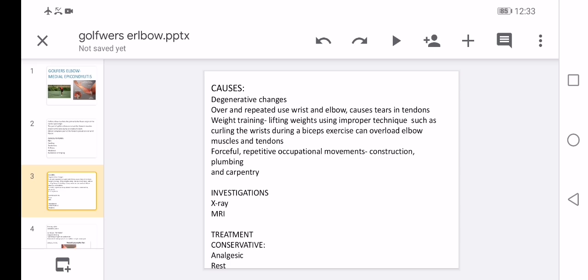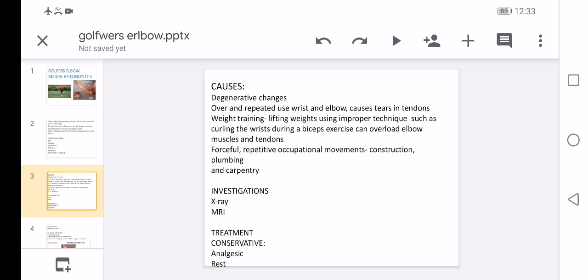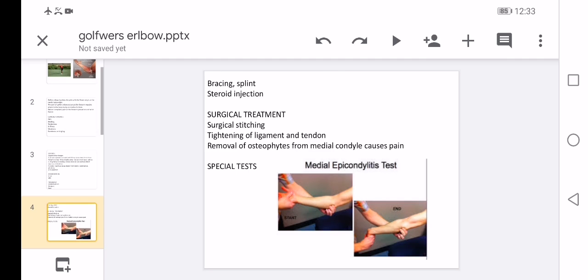You can go for conservative treatment using analgesics, rest, bracing, a splint, and a steroid injection. Surgical treatment can be done with surgical stitching and tightening of the ligament and tendon, and removal of osteophytes from the medial condyle.